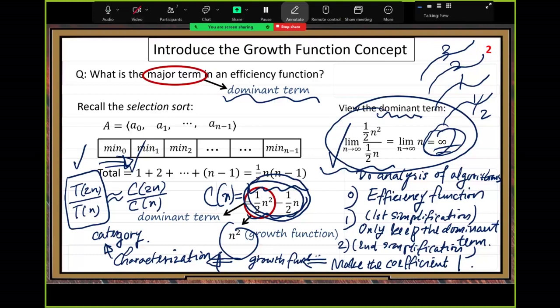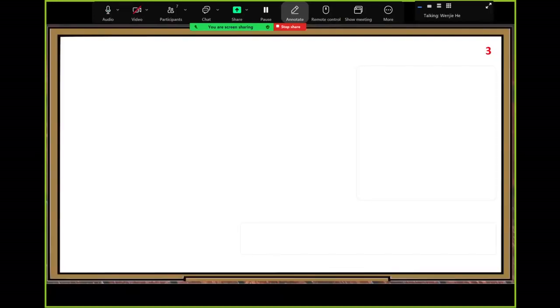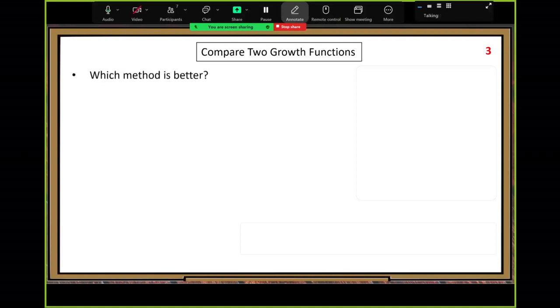Yeah, so let me show you. B.2, compare growth functions. We use the example from our element uniqueness problem, method 1, method 2. So let us extract growth functions from these two methods.